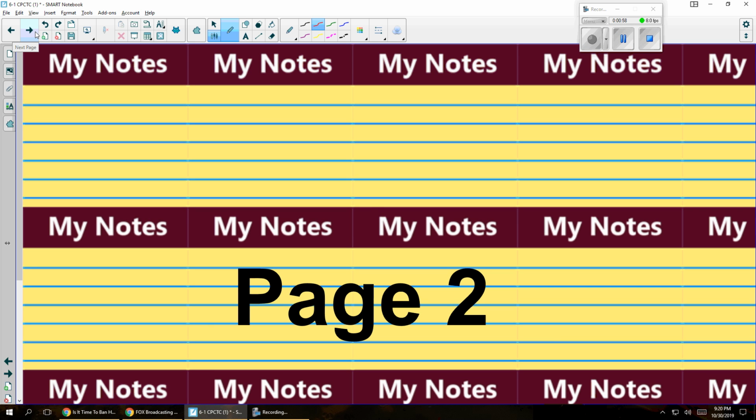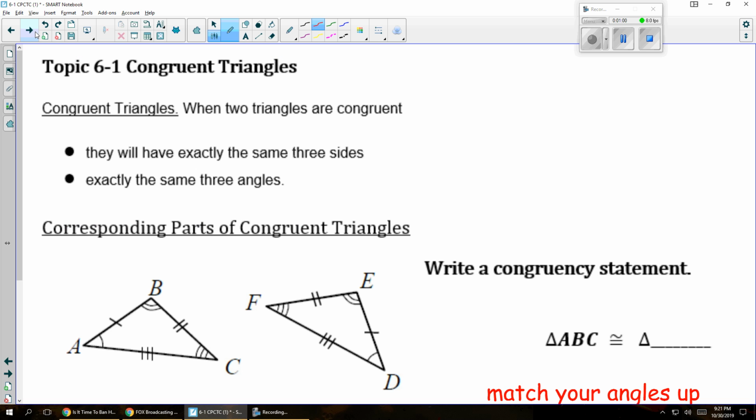Looking at page 2 of the notes, starts in topic 6.1. When two triangles are congruent, again, that word means same size and same shape, they will have exactly the same three sides and the same three angles.